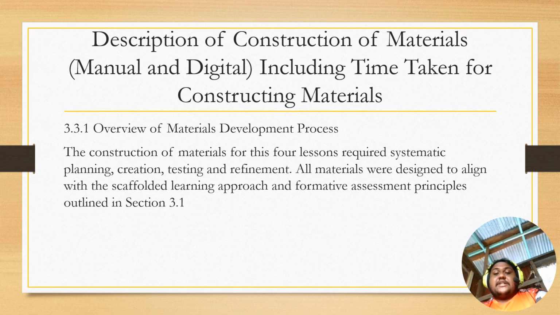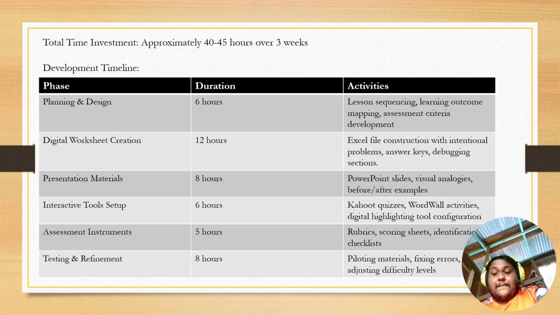Now, materials development process. Creating materials required systematic planning, testing, and refinement. Total development time was approximately 40 to 45 hours over the 3 weeks. As you can see, for the first phase, planning and design, duration 6 hours.